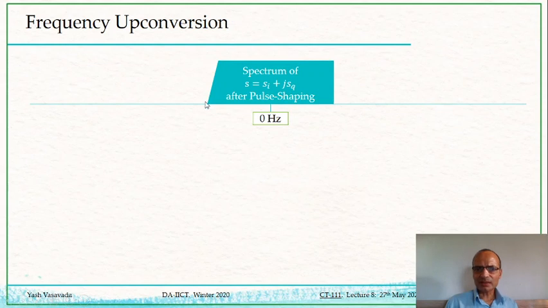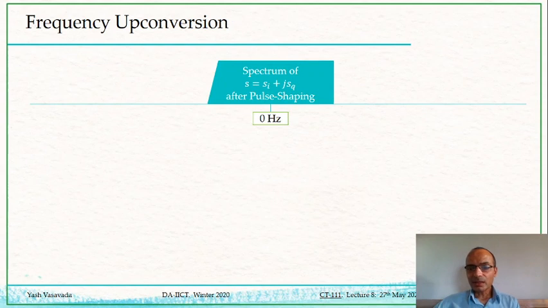So I made this side a little bit tilted compared to this side, which is vertical. So this is the spectrum of the complex signal after pulse shaping. Both the in phase and the quadrature symbols have been pulse shaped. There is a pulse shape for Si, pulse shape for SQ. And the polarity and the actual voltage level of Si and SQ comes from the constellation map.